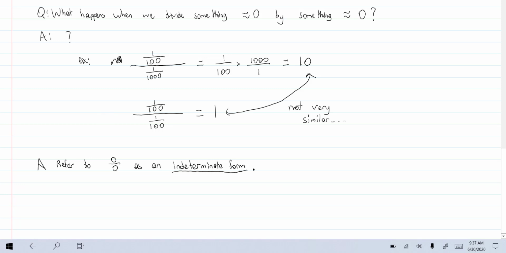Okay. So we see that it's indeterminate because we can't determine the value of the limit from simply observing that we get 0 over 0.